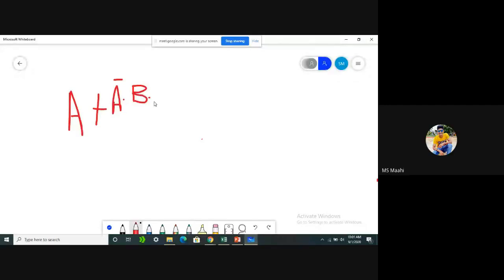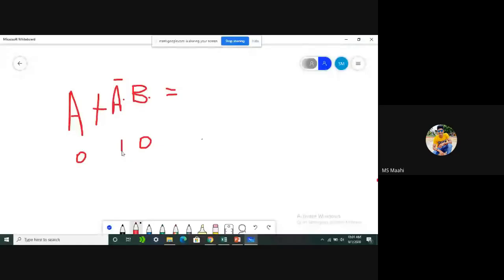Clear all of you? Yes, sir. Okay. Similarly, we can take the first combination. A is 0, B is 0. A is 0 in the sense what is the A bar value? 1. 1 into 0, 0. And 0 plus 0, 0. So output is 0.